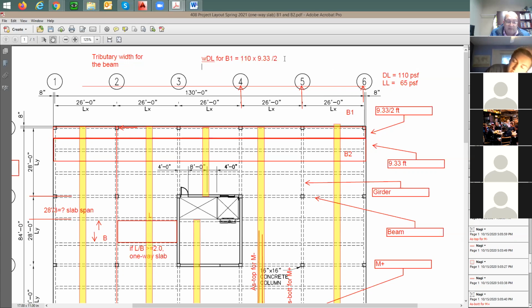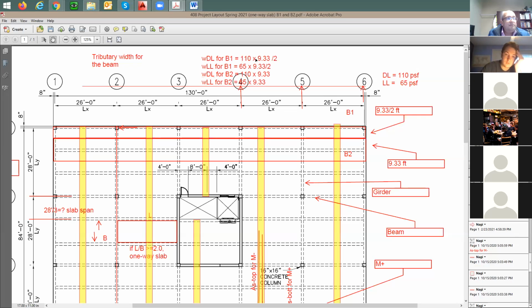How about W live load for B1? Same thing, 65 PSF times 9.33 divided by 2. How about W dead load for B2? 110 times 9.33. How about W live load for B2? It's going to be 65 times 9.33. Does it make sense?